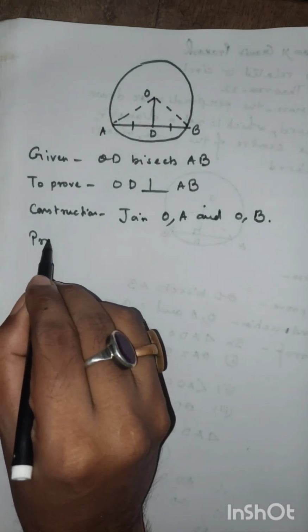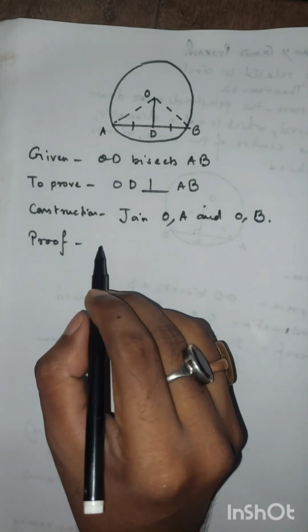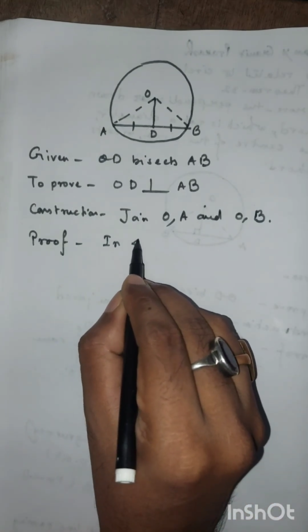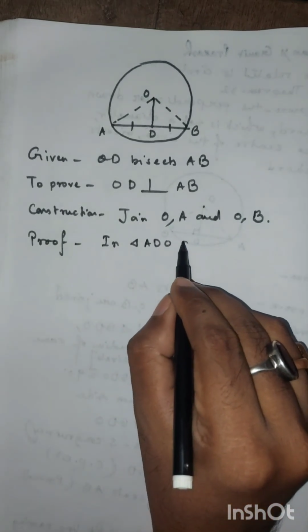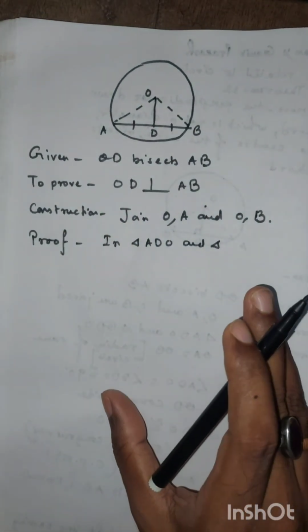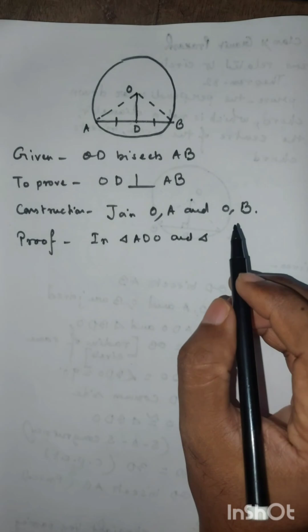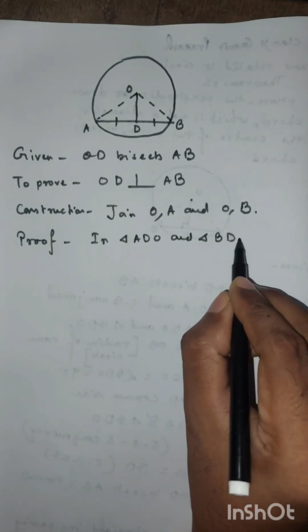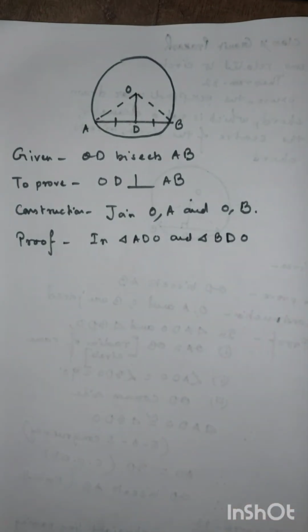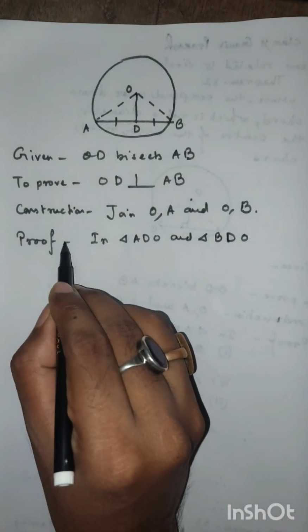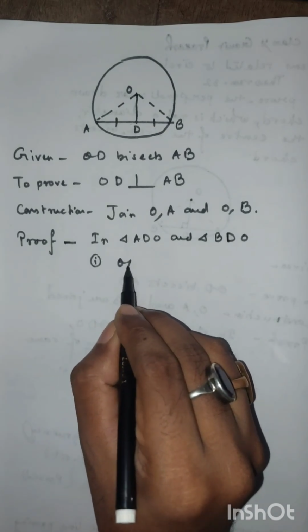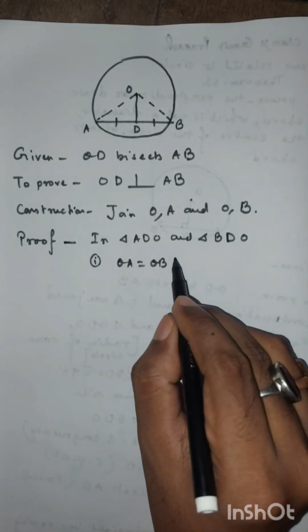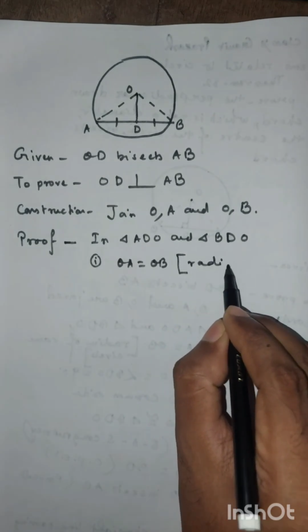Proof. In triangle ADO and triangle BDO, number 1, OA equal to OB because radius of same circle.